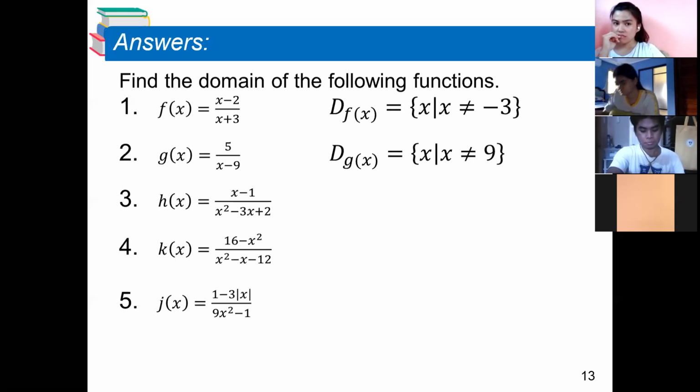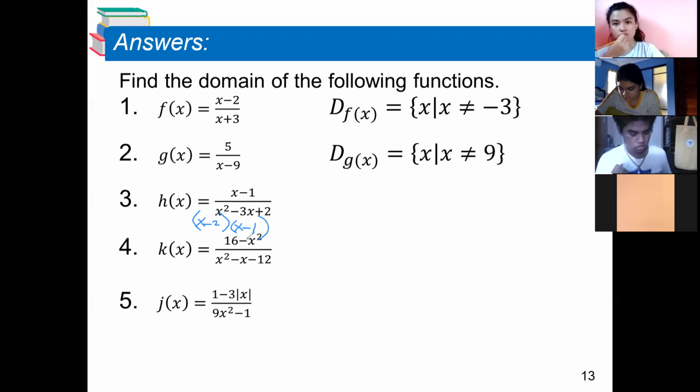Yes, sir. Okay, I hope that you did the factors correctly, because I think the factors here are x minus 2 and x minus 1. So therefore, if you wish to change your answer, now is the time.